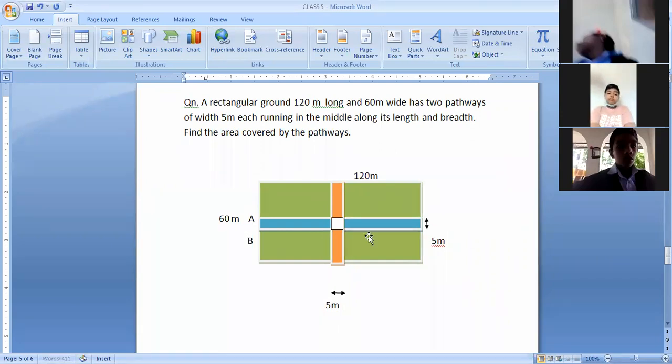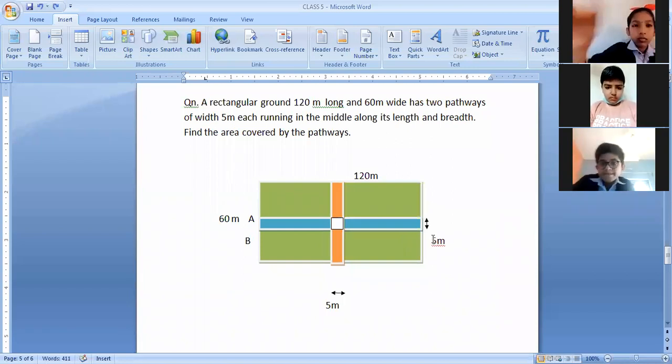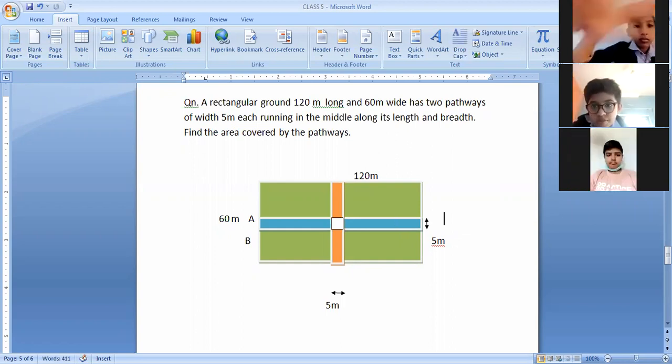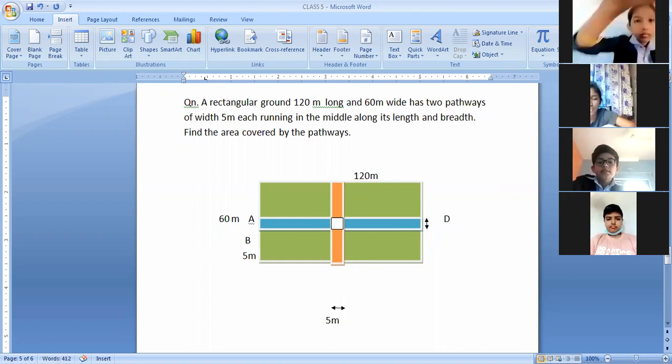See, I'm going to give a name for the pathway which is in blue color. That's a rectangle, right? I'm going to name it A, B, C, D. That is rectangle ABCD.